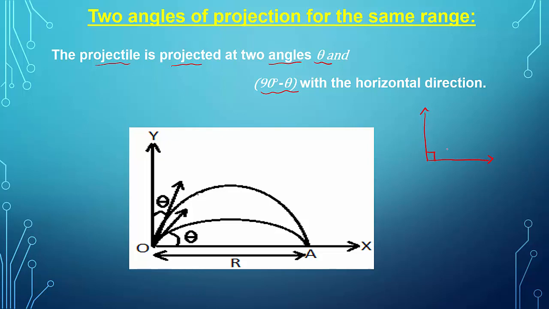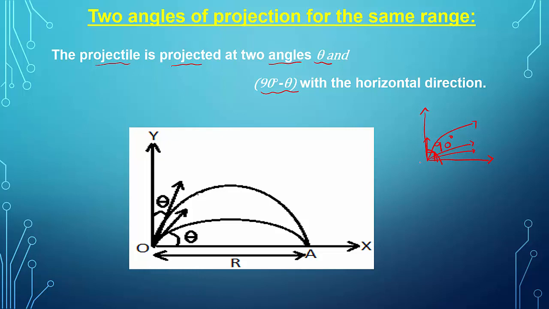The angle between these two lines is how much? 90 degrees. But how are you going to project the body in space? We are going to project a body in the vertical direction, or we can throw like this. We can throw a body in these directions. So the angle may be theta, or it will be 90 minus theta, meaning less than 90 degrees.